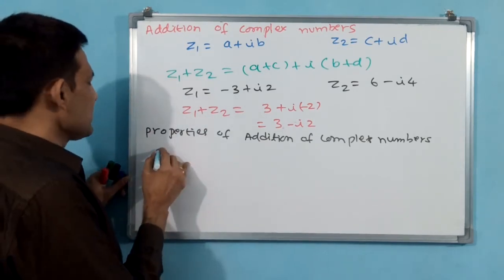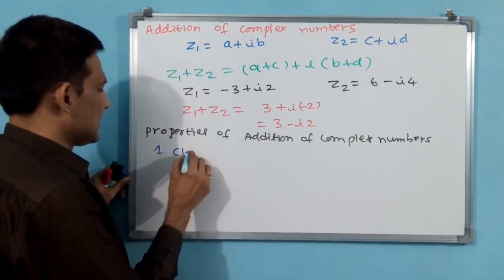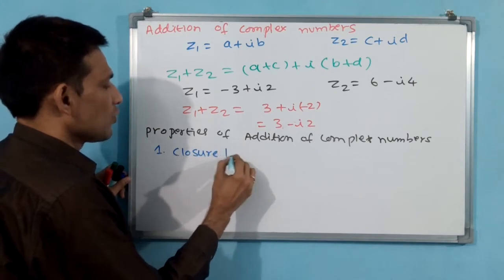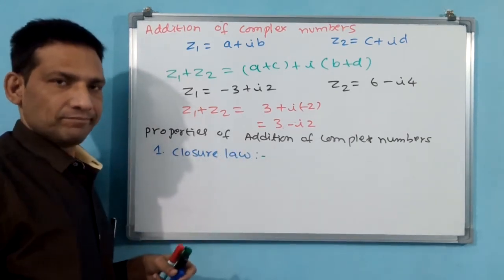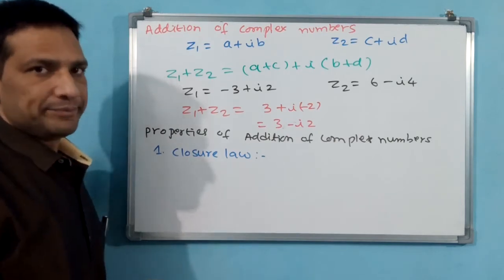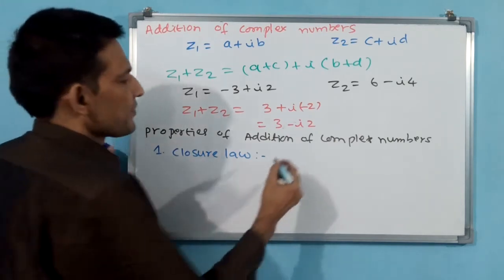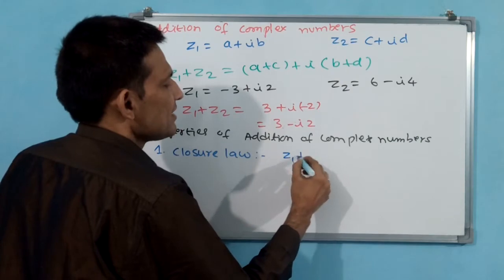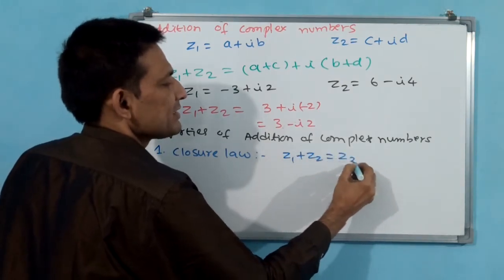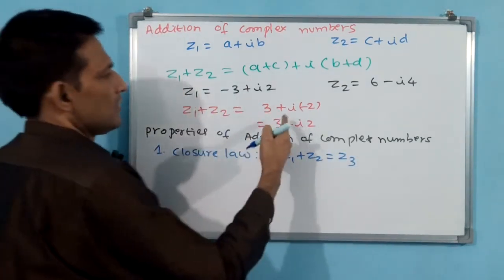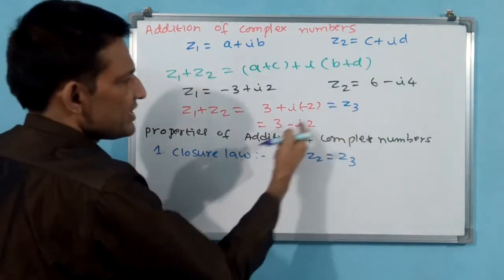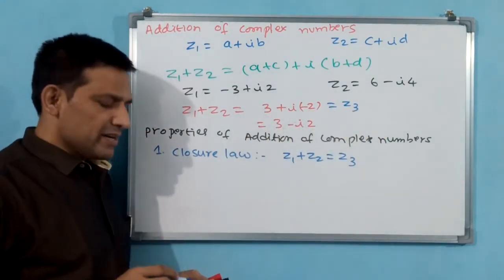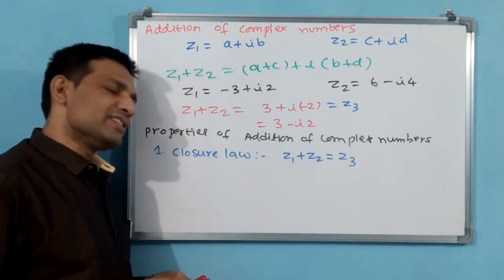First property is closure law. Closure. Okay. You see, when you add Z1 plus Z2, say Z3 has come. Is Z3 a complex number again or a different number? Z3 is also a complex number.